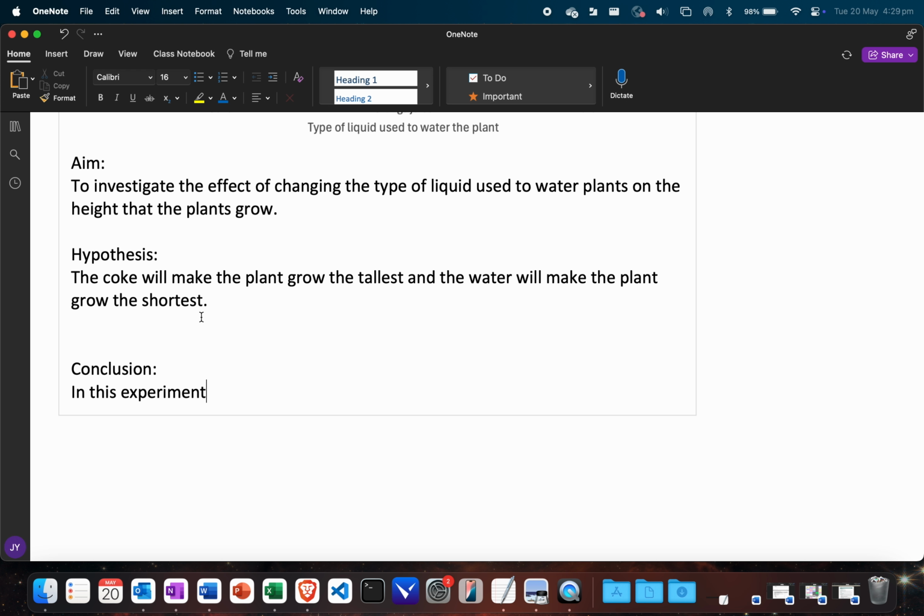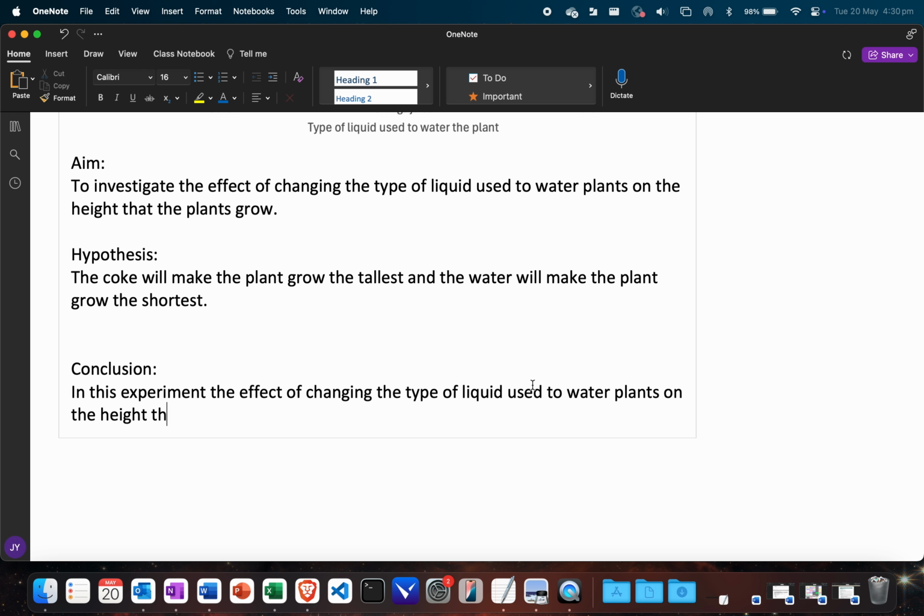In this experiment, the effect of changing the type of liquid used to water plants on the height that the plants grow was investigated.